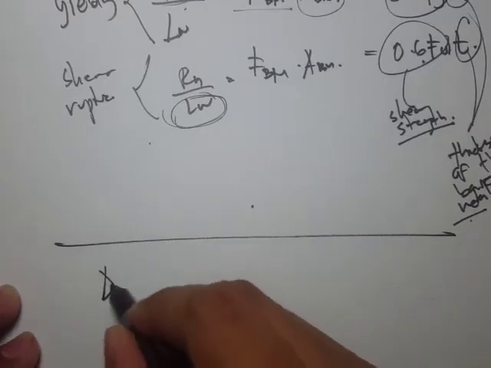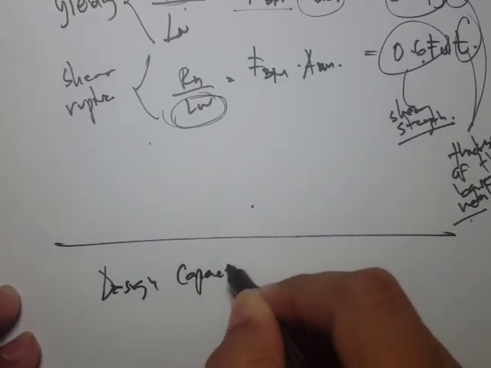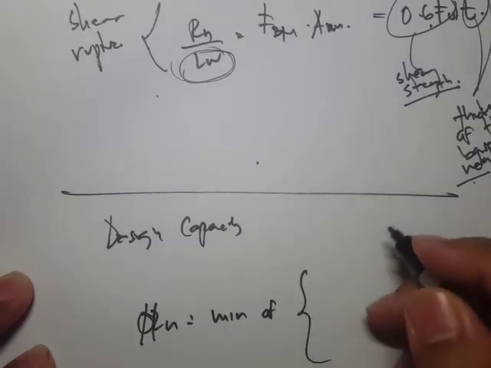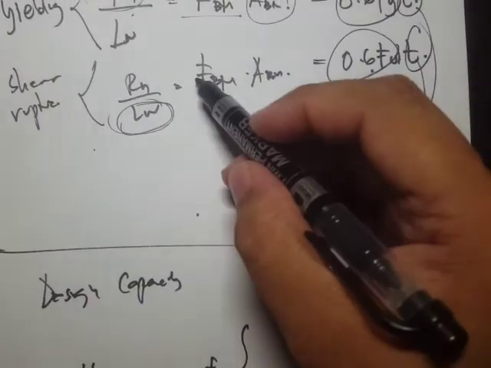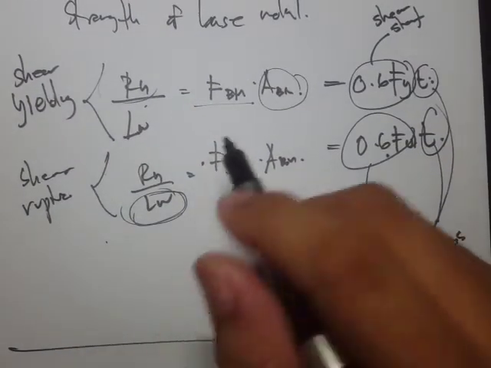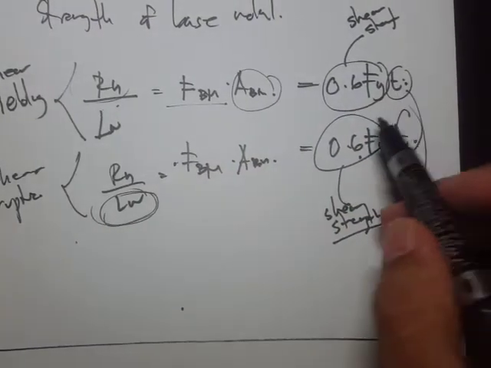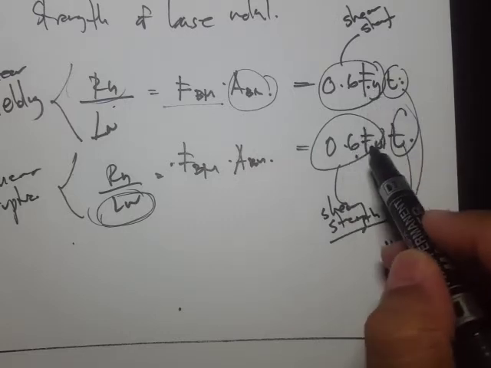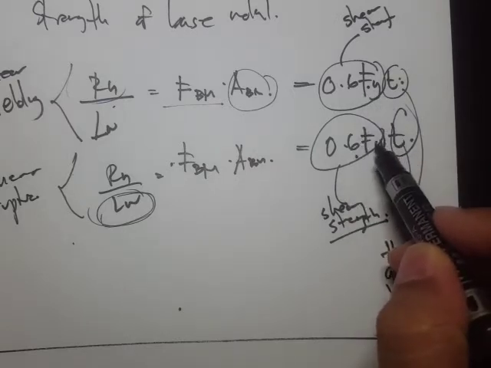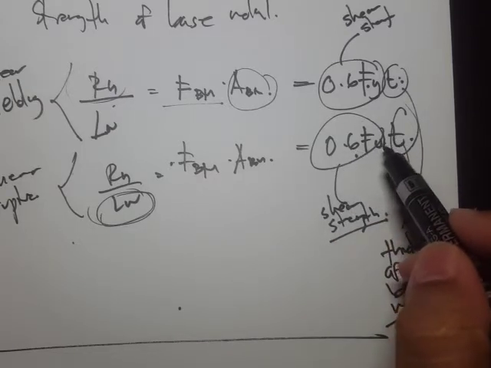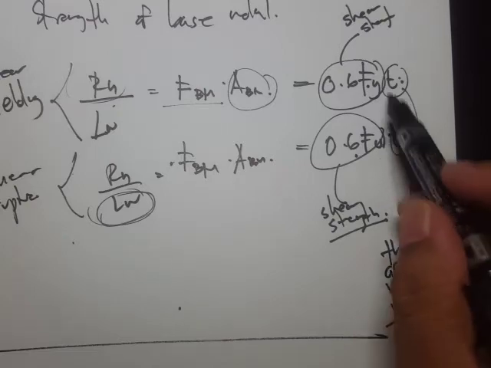Okay, so therefore the design capacity VRN is equal to the minimum of the three conditions. By the way, we'll also multiply a reduction factor here. You would notice that even though we have 0.6 Fy and 0.6 Fu, you might think that the Fu one would give a higher value, of course, because the ultimate strength is greater compared to the yield strength.